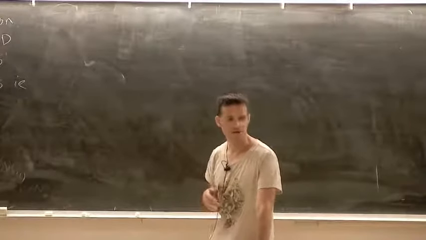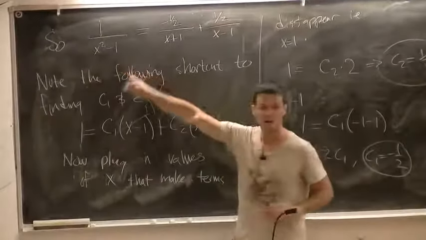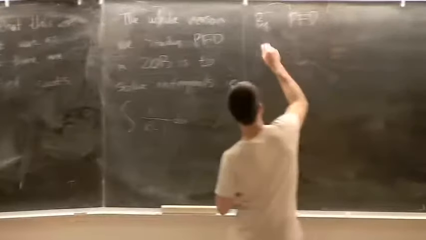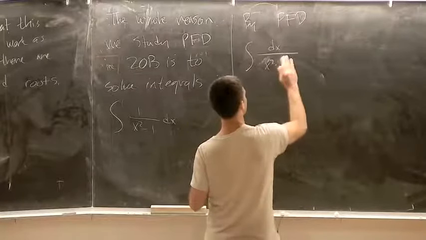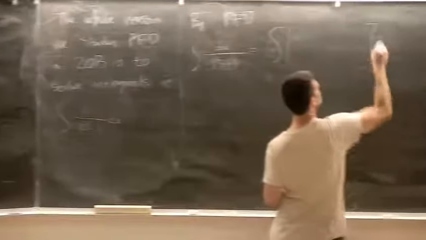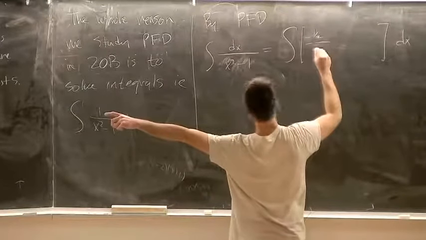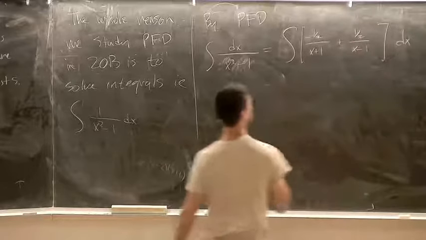That's where partial fractions comes in, because let's use what we just figured out. We figured out a way to rewrite the integrand here. So by the partial fraction decomposition, the integral of 1 over x squared minus 1 is the same as the integral of, let's just plug it in, negative 1/2 over x plus 1, and then 1/2 over x minus 1.